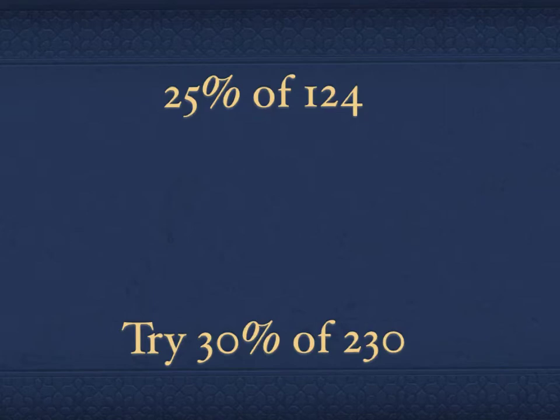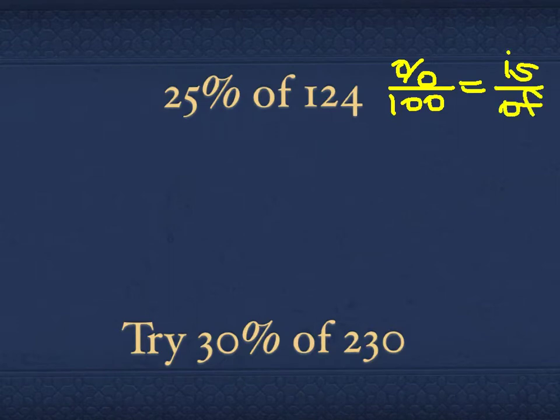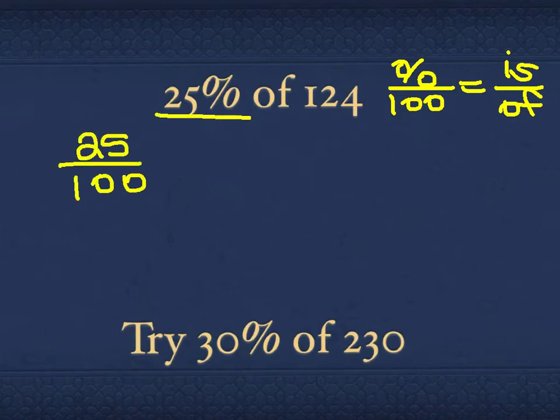25% of 124. I'm going to use my percent over 100 equals is over of. So the percent over 100, I can see here that the percent is 25. So that would be 25 over 100 equals is, I don't know what that is, so that's going to be x, of 124.